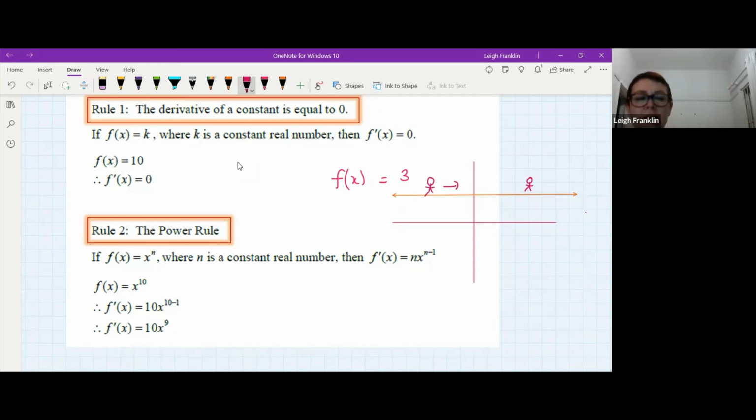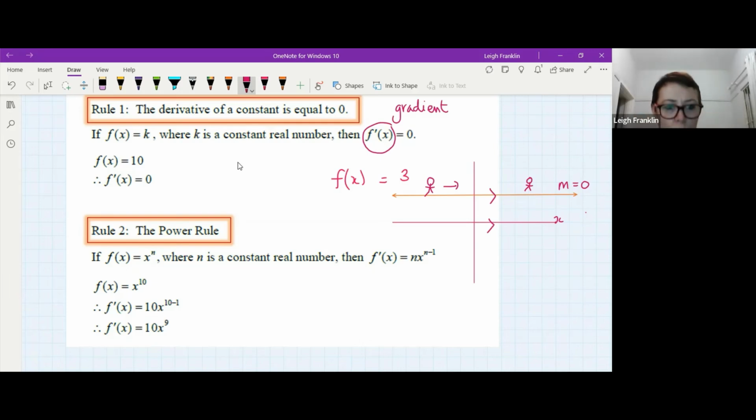I have only moved in terms of x. I have not moved in terms of y. So any line that is parallel to the x-axis has a gradient of 0. Remember, f prime x means the gradient. So the gradient of any horizontal line is always 0. That's what rule number 1 means.